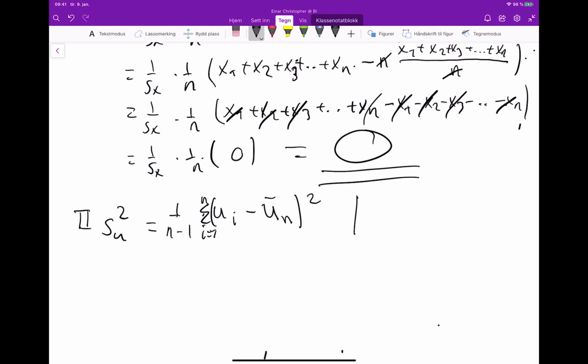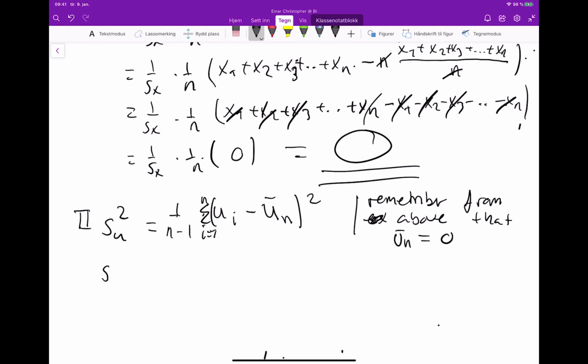But remember from the exercise above that u bar n is equal to 0.